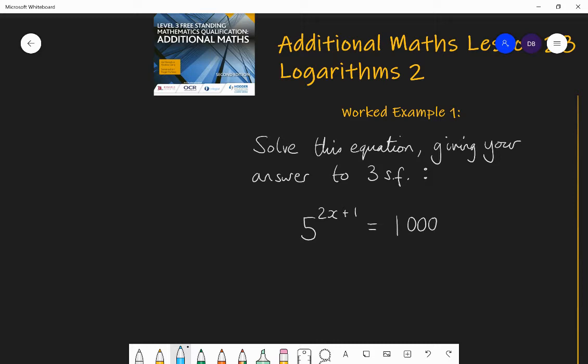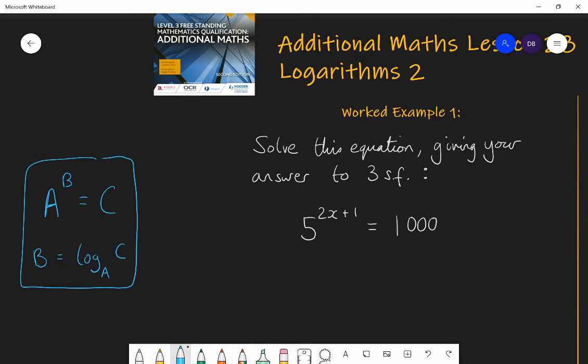I know with my logarithms that if I have a to the power of b equaling c, then a way of finding b, if I know a and c, is that b is the logarithm to base a of c. These two statements are equivalent.